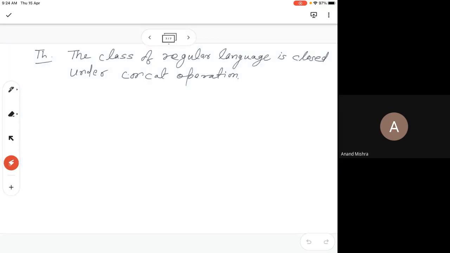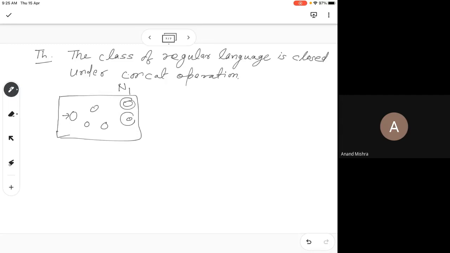Next, go to the class of regular language is closed under concatenation operation. This is where we stopped while talking about DFA and jumped to NFA, right? Because we could not really prove this using DFA logic. So the question is, I have two regular languages, L1 and an NFA which recognizes L1. Let's call it N1. This has one start state, some non-final states, and some final states.